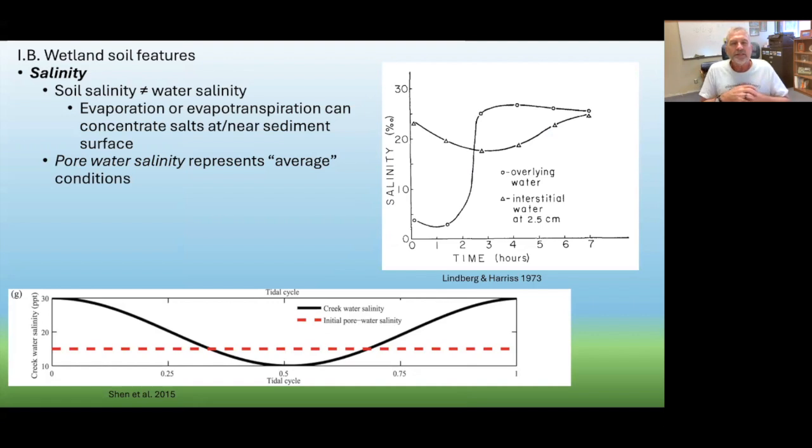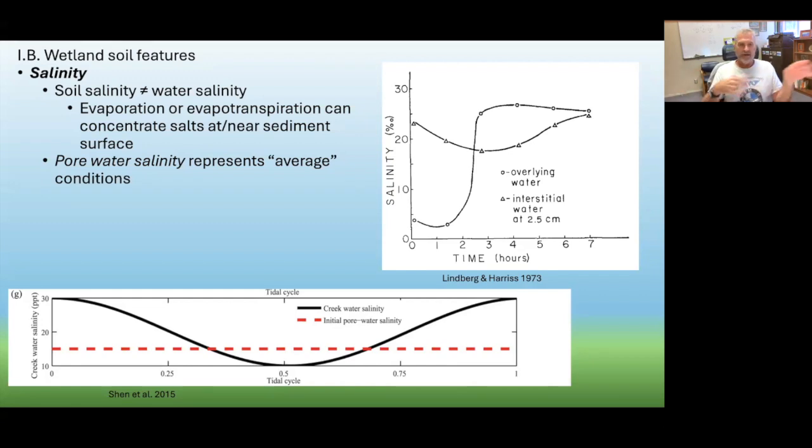All right. So when we talk about soil features, salinity is, especially in these coastal wetlands, very important. Now, I want to be clear that when we talk about soil or sediment salinity, it is not going to be the same as water salinity. Water salinity can fluctuate, like everything in the water, greatly depending on what the conditions are.